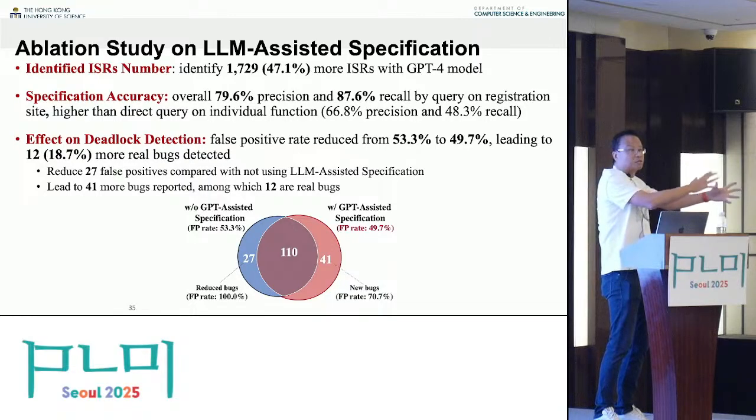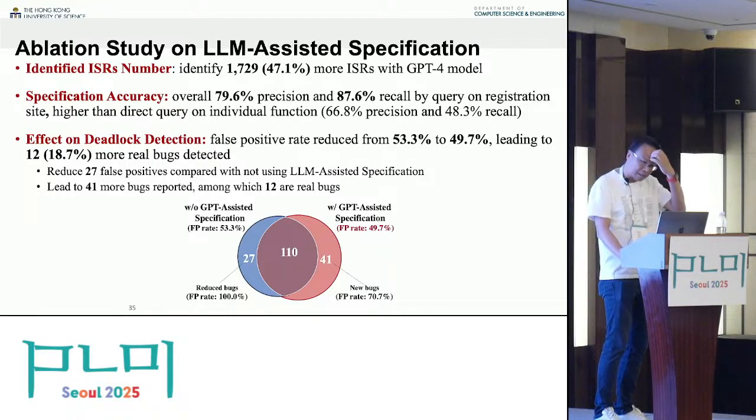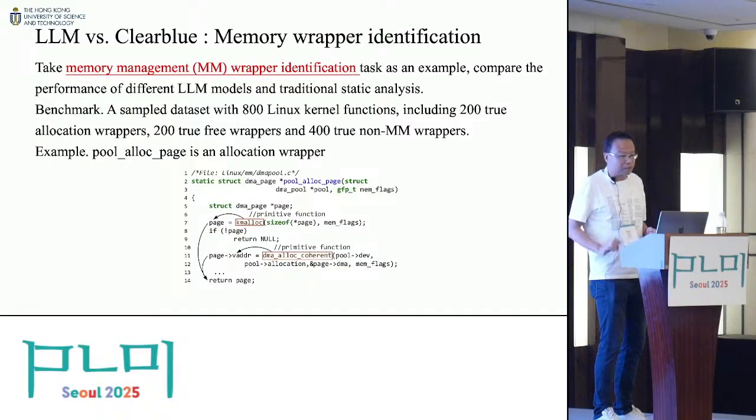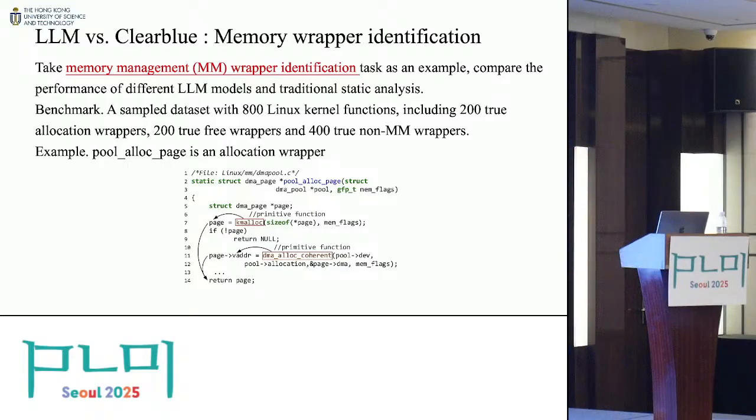Whereas the previous case was just relying on LLM to find knowledge that static analysis is unable to find. The next little case is about fighting LLM versus Clearblue. So this is what I asked another student to try: detect memory wrappers, right? This is very important for taint analysis, or for value flow analysis, the earlier talk, right?